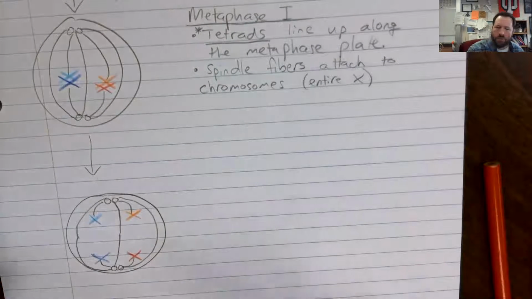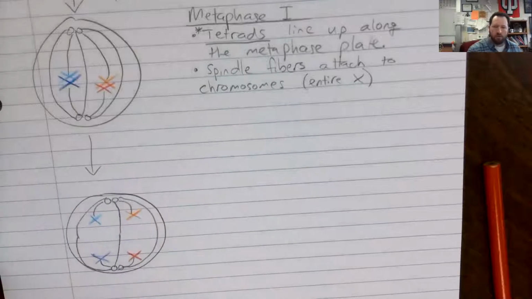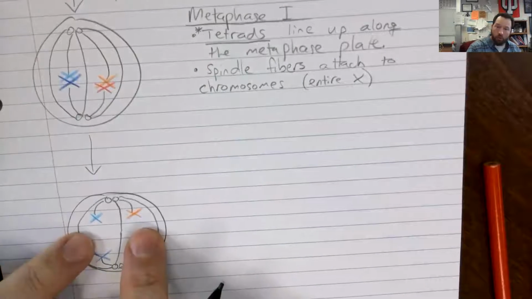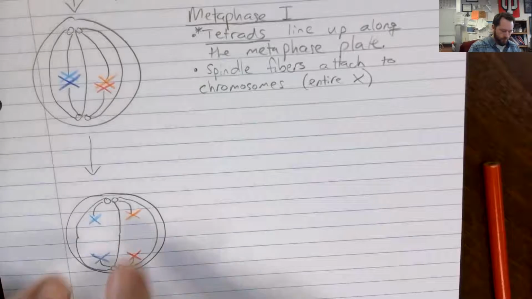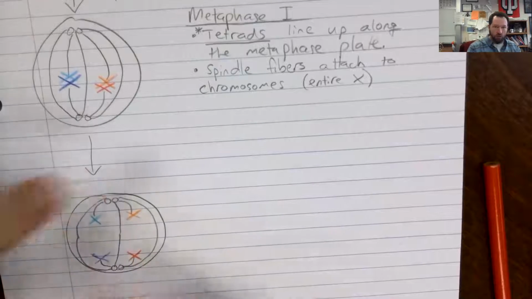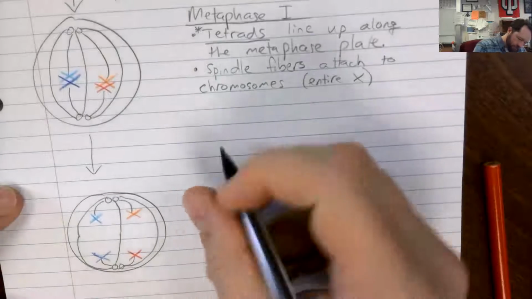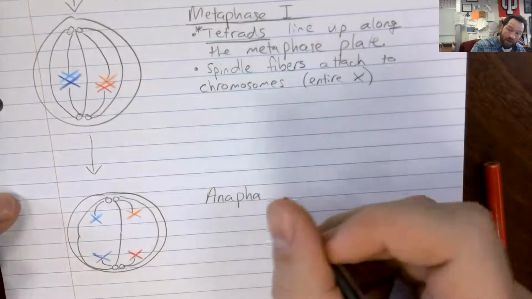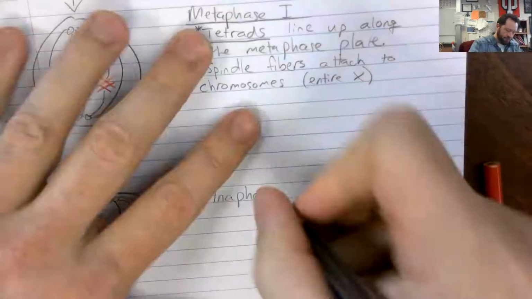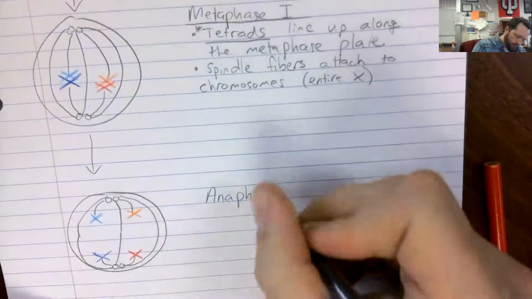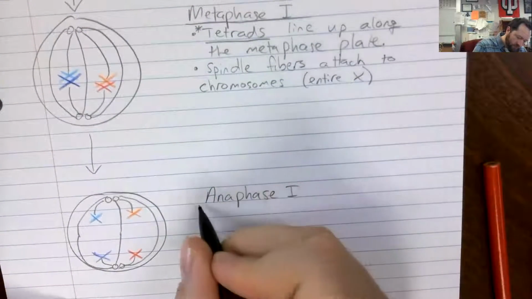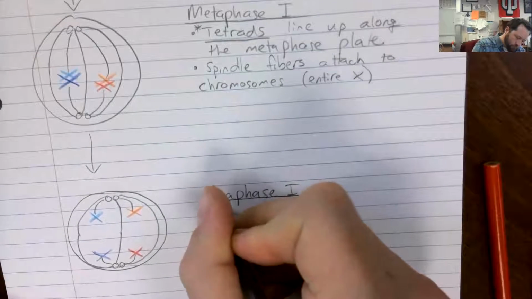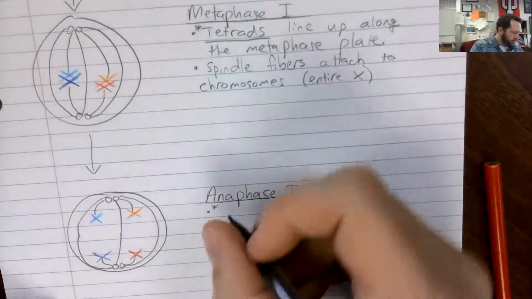Again, remember back to mitosis, the X is split here. We pulled sister chromatids apart. Well, not pulling sister chromatids apart. Now we're just pulling the entire chromosomes in opposite directions. Again, hopefully you guys have guessed. Following metaphase is anaphase 1. In a little star, this is a little bit different.